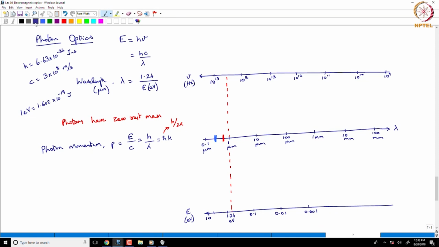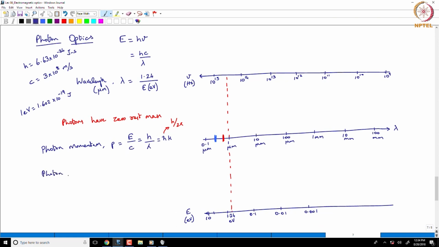And then there is this question of the probability of finding a photon. So we say that photons can be emitted at different time scales, in different directions, and so on. So what is the probability of finding a photon?